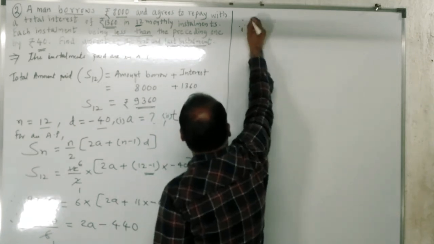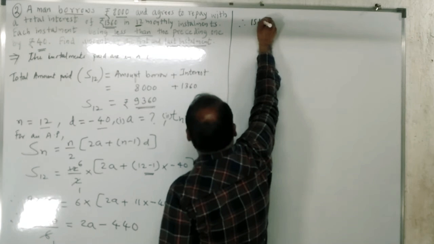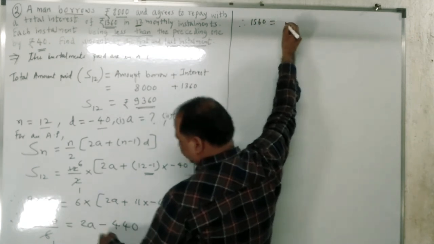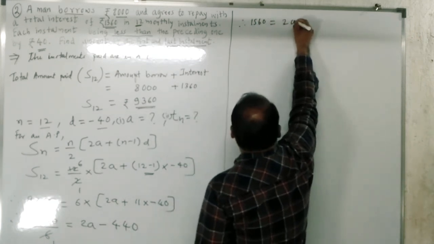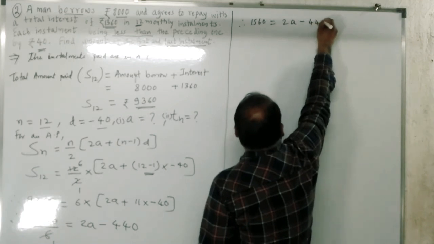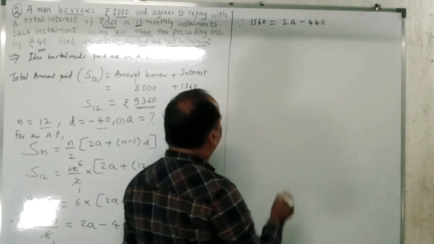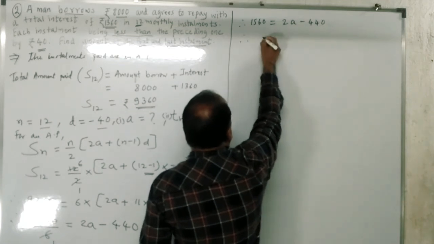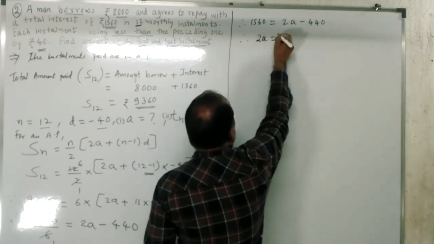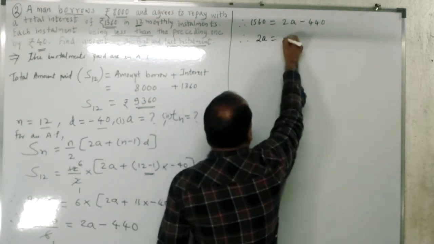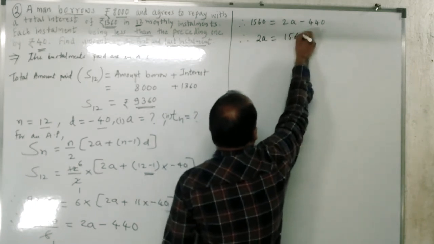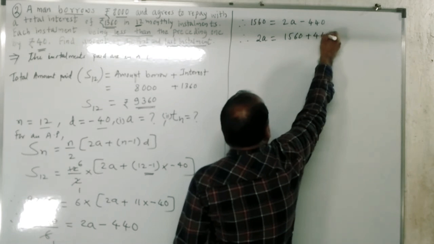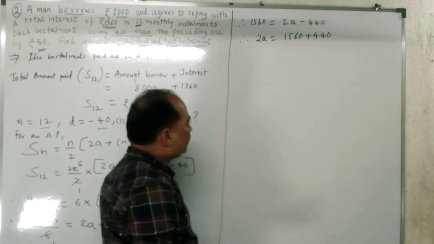Therefore 1560 is equal to 2a minus 440. Now this minus 440 will come on the left hand side of the equal to sign, so change the sides of the equality. 2a is equal to 1560 plus 440.